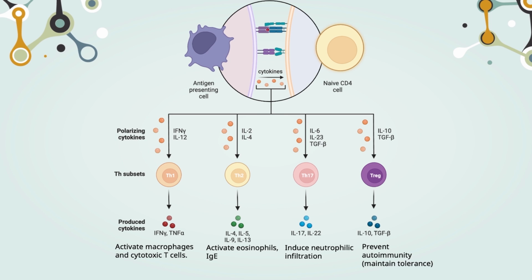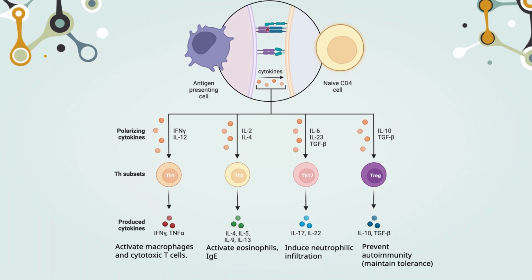All right. Now, depending on the cytokines, if the cytokine released from the antigen presenting cell is interferon gamma or interleukin 12, it will cause differentiation of CD4 cell into a Th1 subtype. All right. And this Th1 subtype will produce interferon gamma and TNF alpha. Now, this is really important.